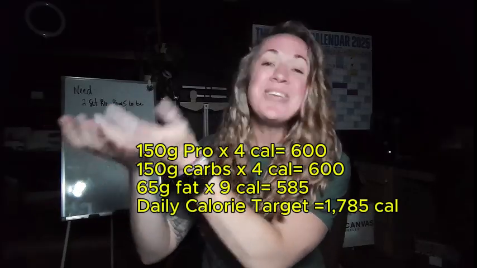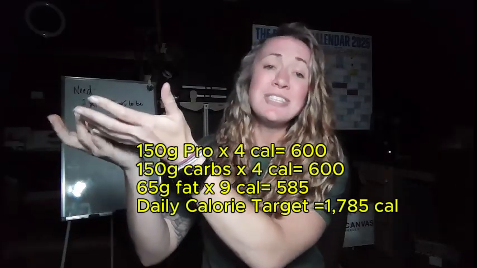All right. So calorie targets are really simply just a result of the macronutrient targets that you have. It's not really two separate things. It's not calories and macros. It's whatever macros that you have here add up to a certain calorie amount.